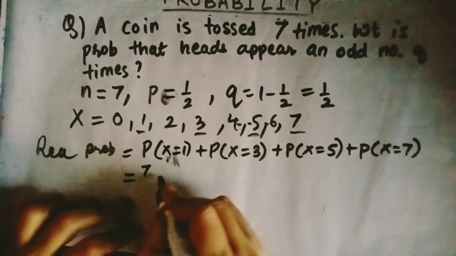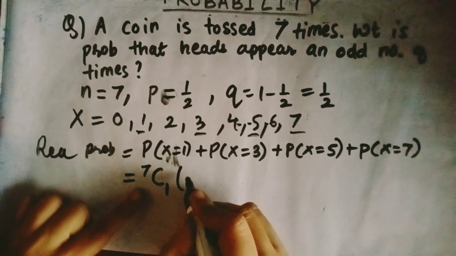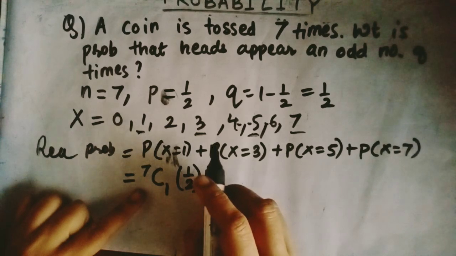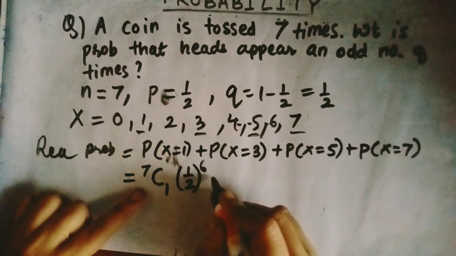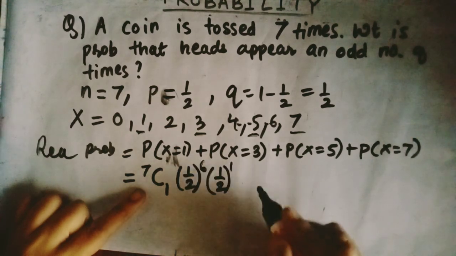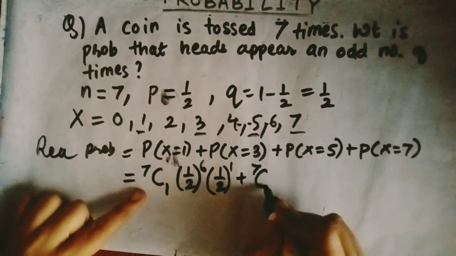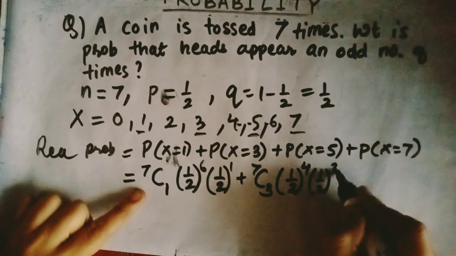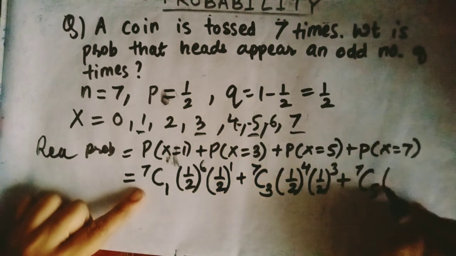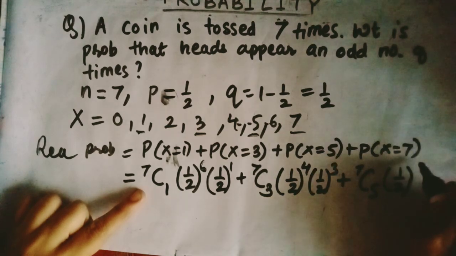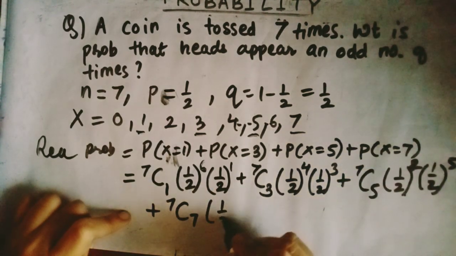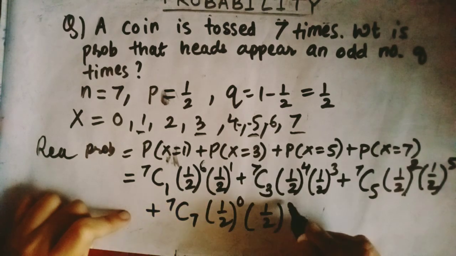Now you have to use that formula. So n is 7. 7C1 half raised to 1, q raised to 7 minus 1, 6, half raised to 6, plus 7C3 half raised to 4 half raised to 3 plus 7C5 half raised to 2 and half raised to 5 plus 7C7 half raised to 0 half raised to 7.